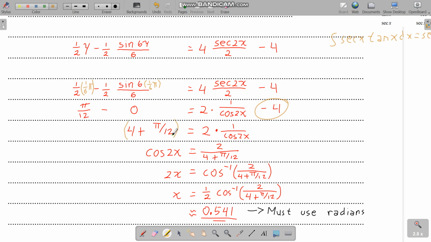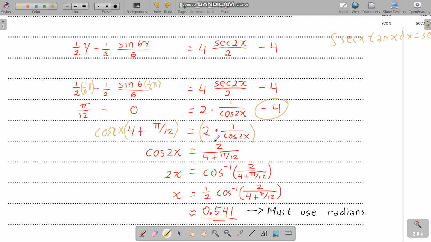And then you basically switch the cos 2x and the 4 plus pi/12. You multiply both sides by cos 2x, so they cancel out, you get cos 2x on the left, and at the same time you divide by 4 plus pi/12. That's why we get cos 2x on the left and 2 over 4 plus pi/12 on the right.